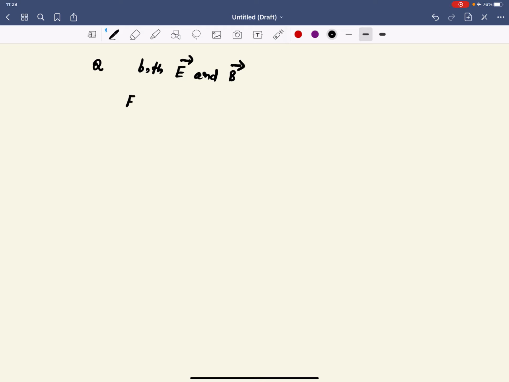The total force is nothing but Q(E plus V cross B). This is actually a result of the superposition principle. We can add forces.